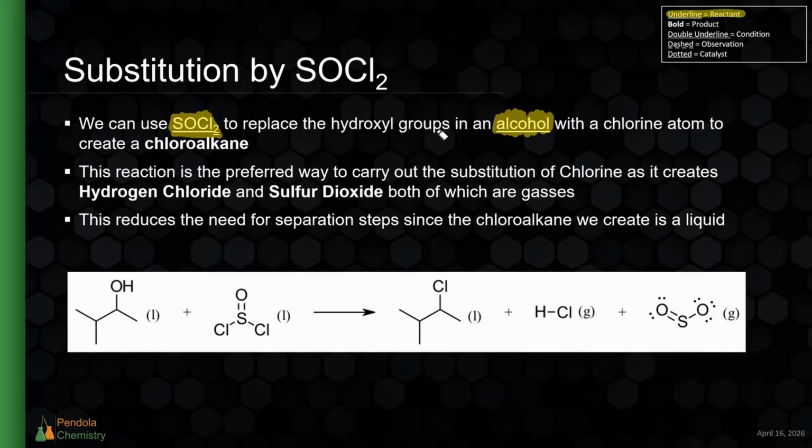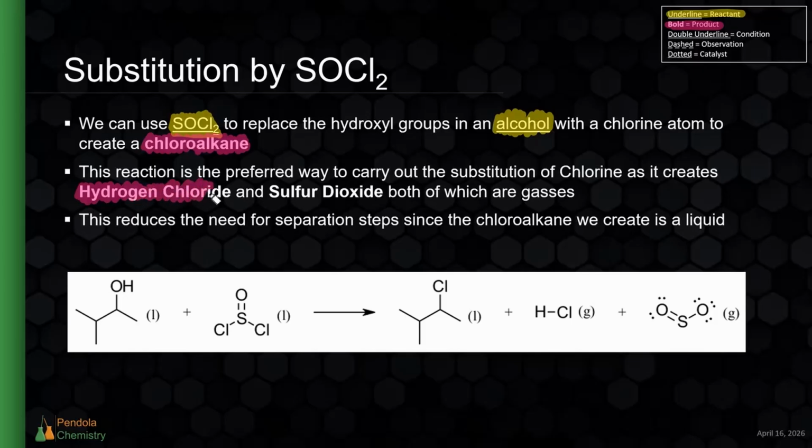So alcohols reacting with SOCl2 will create specifically a chloroalkane. We cannot use this to create any other halogenalkane. This reaction is unique for the product to be a chloroalkane. When we react an alcohol with SOCl2, what we will get is the chloroalkane, like we just saw, a hydrogen chloride, HCl gas.